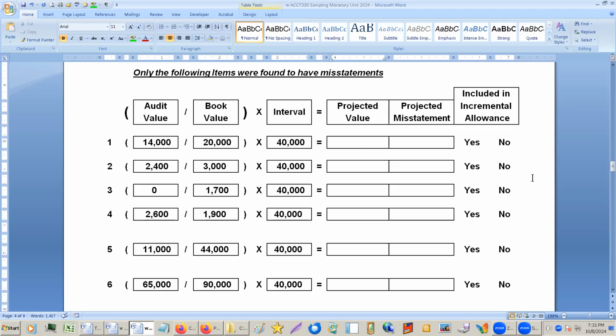So our projected value is 28,000 here. And so our projected misstatement is how much? $12,000. We're saying the interval is 40,000, and that it really is worth 28,000, so the misstatement will be 12,000.